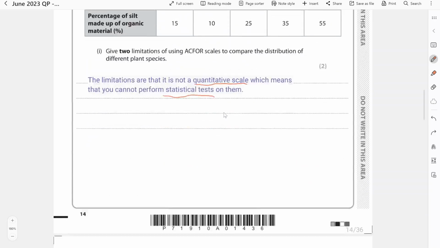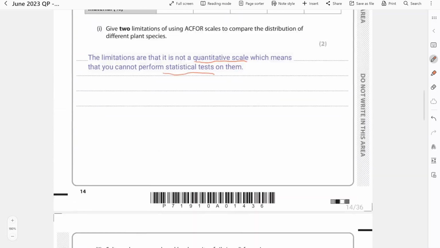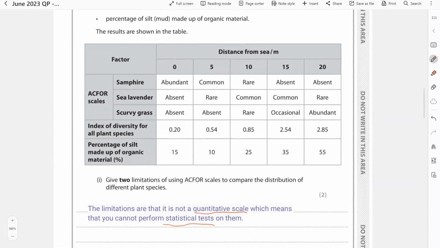Now, they mentioned here that as the distance of the sea increases, the age of the salt marsh increases, which means these would be the older salt marsh and these would be the younger ones or recent ones.